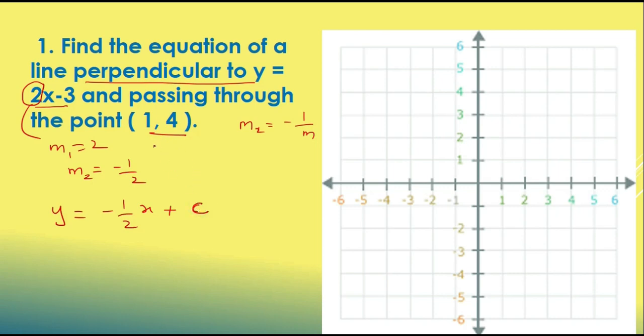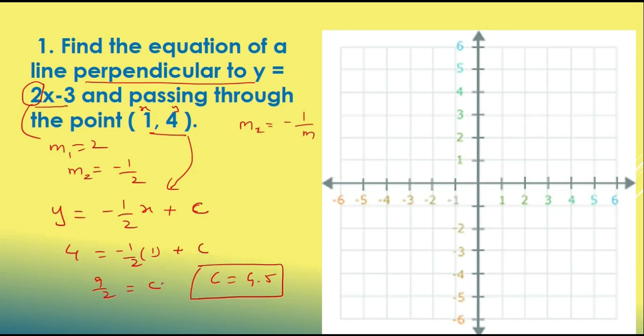To find the y-intercept, use this point x, y. X value is 1, y value is 4 in this equation. Y is 4, which is minus 1 over 2 times 1 plus c, which is 4 plus half, which is 9 over 2, is equal to c. That is, c is equal to 4.5, or you can say 9 over 2.